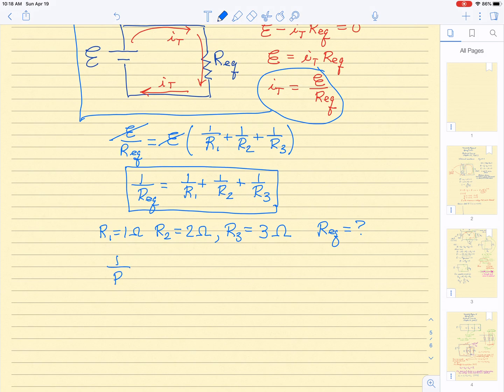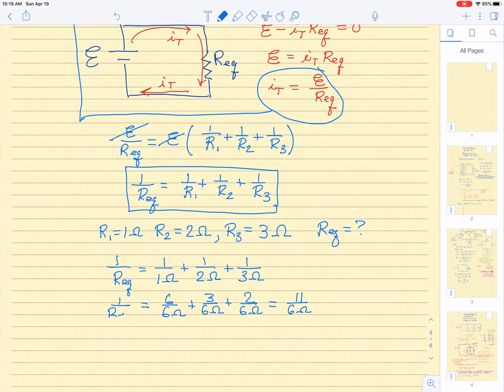So 1 over R equivalent is 1 over 1 ohm, plus 1 over 2 ohms, plus 1 over 3 ohms. Common denominator is 6, so this is 6 over 6 ohms, plus 3 over 6 ohms, plus 2 over 6 ohms, which is 11 over 6 ohms.